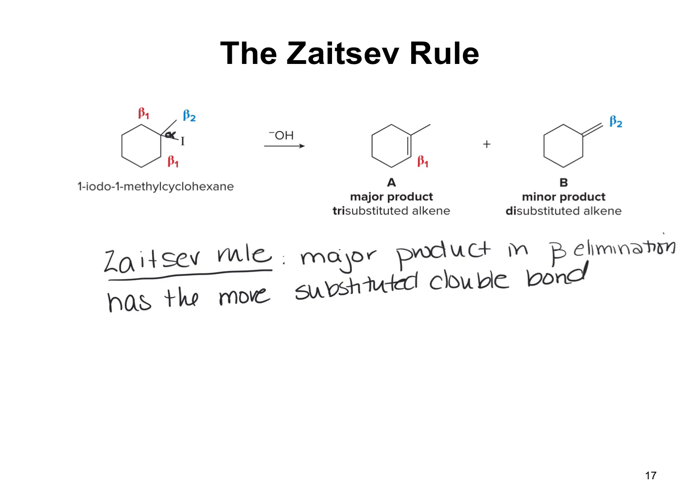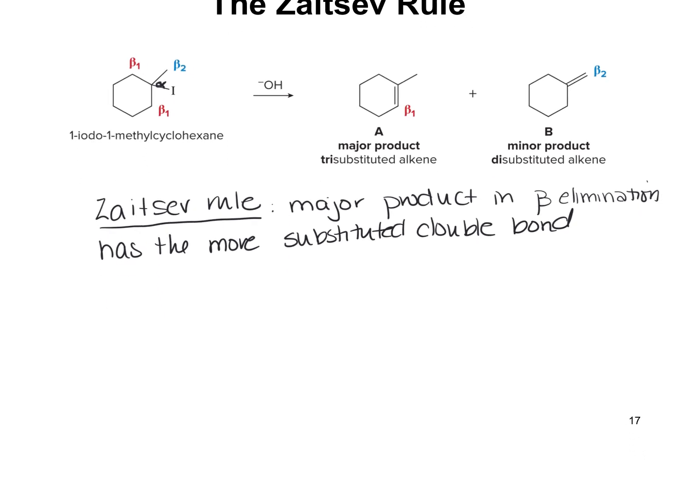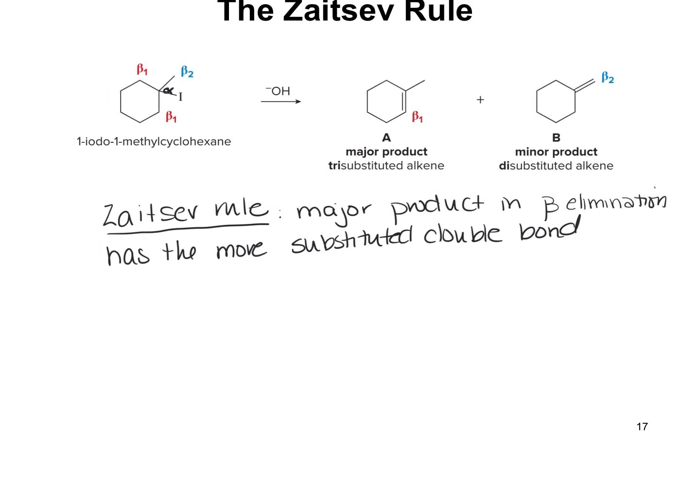That means it's the more stable alkene. Now, when we look at this reaction where we have a major product here and a minor product here, right? This is an example of a regioselective reaction.